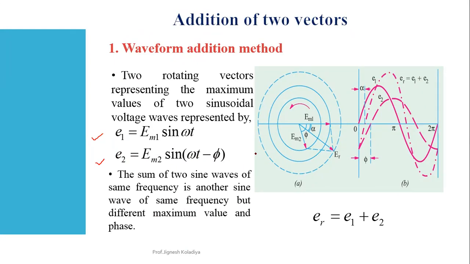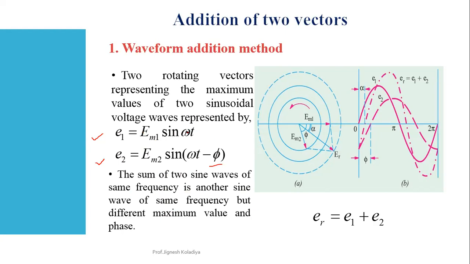So in this case we can say that E2 is lagging with respect to E1 by angle phi, right? The sum of these two sine waves of same frequency is another sine wave of same frequency, but different maximum value and phase. So that you can see over here.